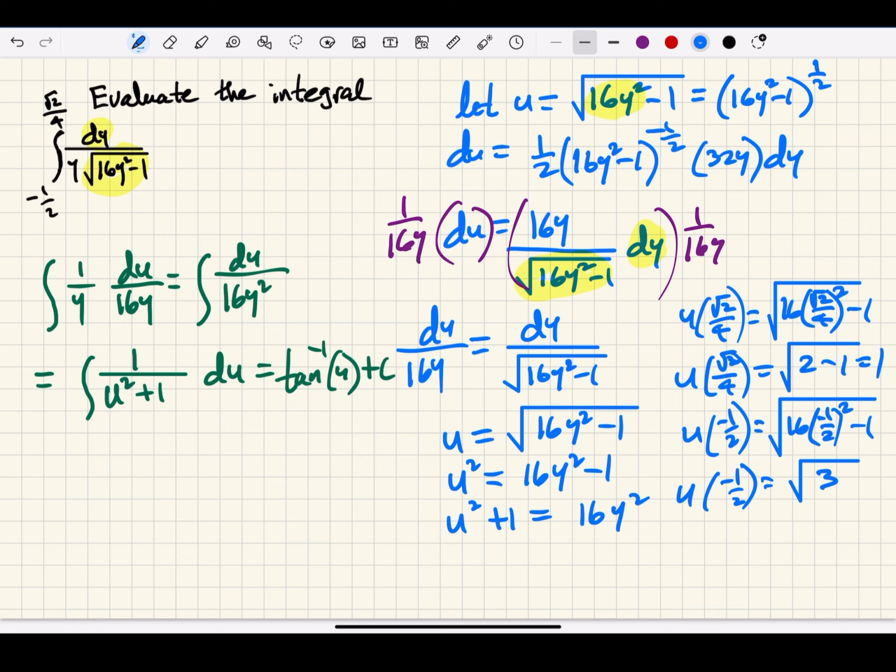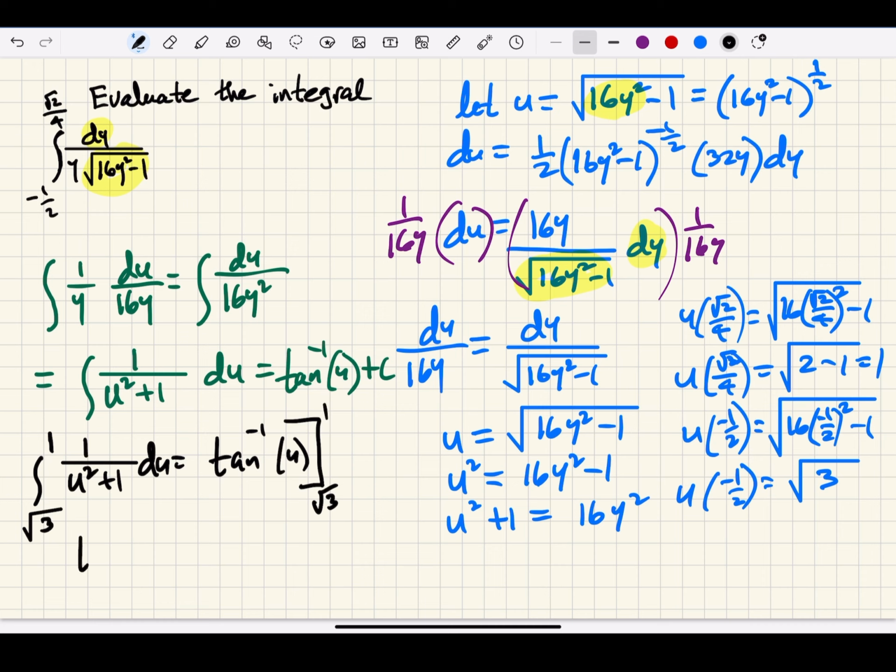So now I'm going to rewrite this original integral as the integral from the square root of 3 up to 1 of 1 over u squared plus 1 du, but I know that that will be the inverse tangent of u evaluated from the square root of 3 to 1.